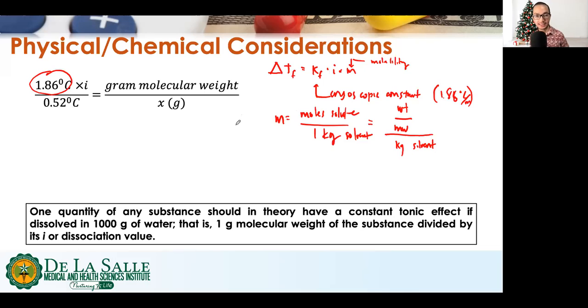If we have any substance, given its molality, let's say a 1 molal solution of whatever substance, knowing the I value, we simply multiply the I value by the cryoscopic constant to get the freezing point depression of that particular substance, or the freezing point of the solution. Usually, the solution is in water.